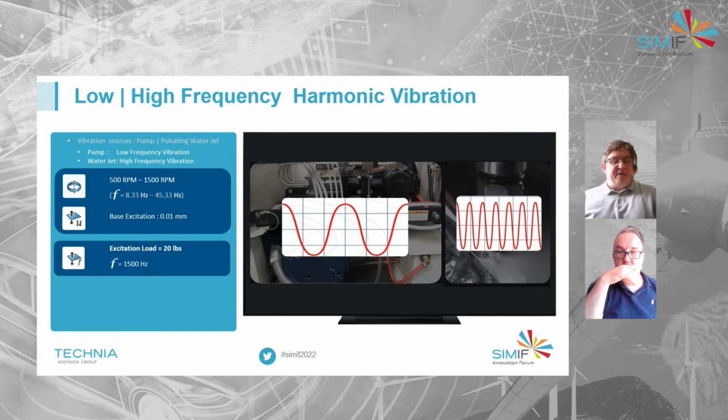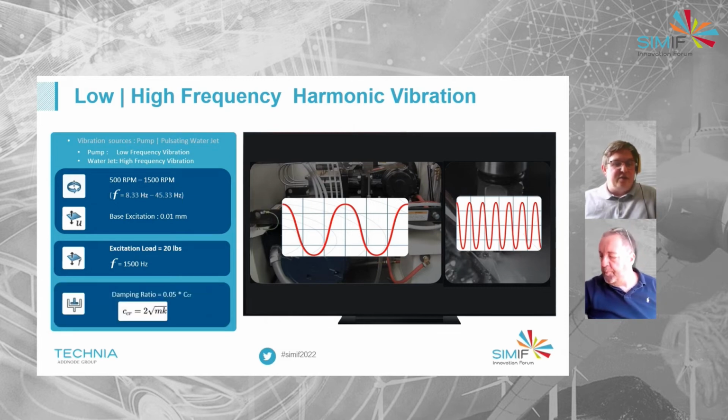Now we've got the excitation load of 20 pounds, which I think, what's that? So it's about 10 kilos going back up the nozzle for the water, and a frequency of 1500 hertz. So very different frequency states there that we've got going on.